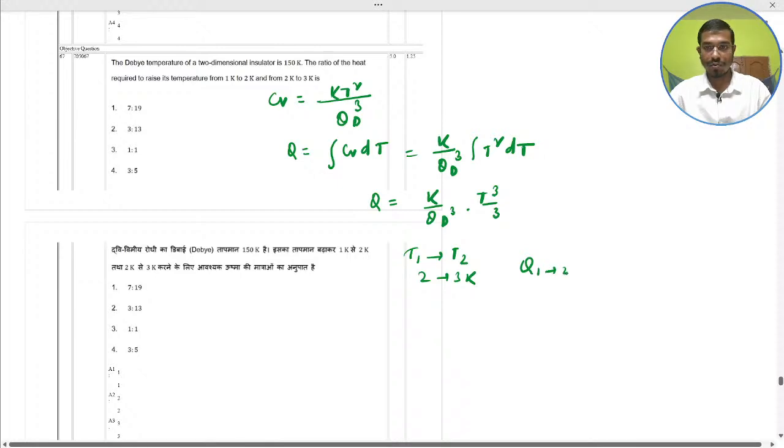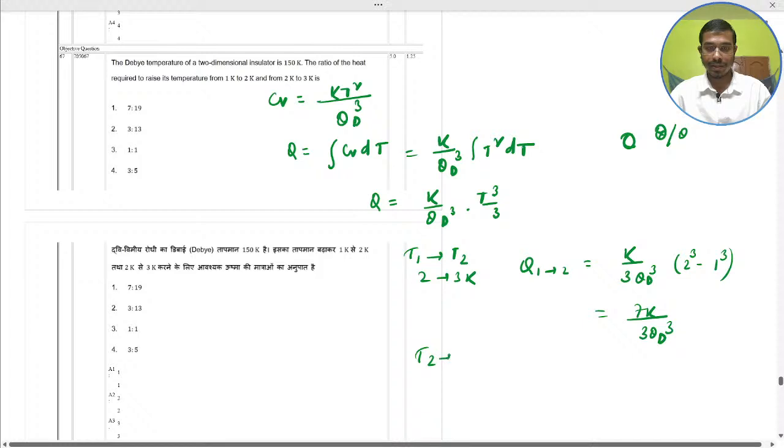So Q from 1 to 2 would be k by 3 theta D cubed. This is the capital theta, and this is the small theta. 2 cubed minus 1 cubed, that would be 7k divided by 3 theta D cubed.